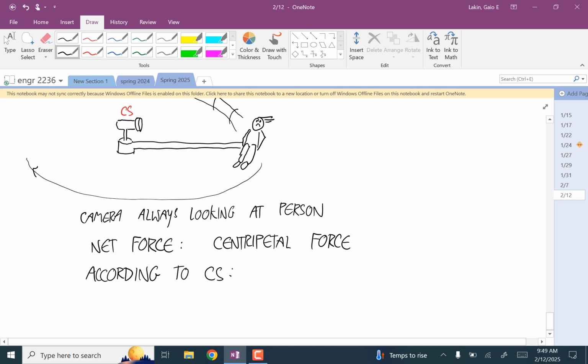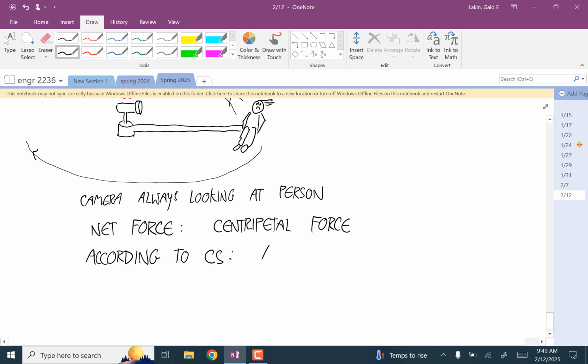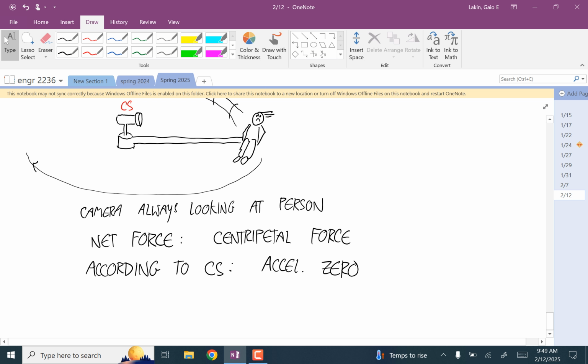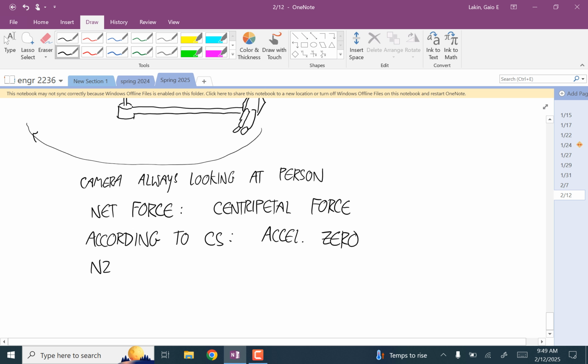The camera's just like, he's not going anywhere, so the acceleration is 0. And so again, if you plug these in, we have a non-zero force, we have zero acceleration, and so Newton's second law doesn't hold.